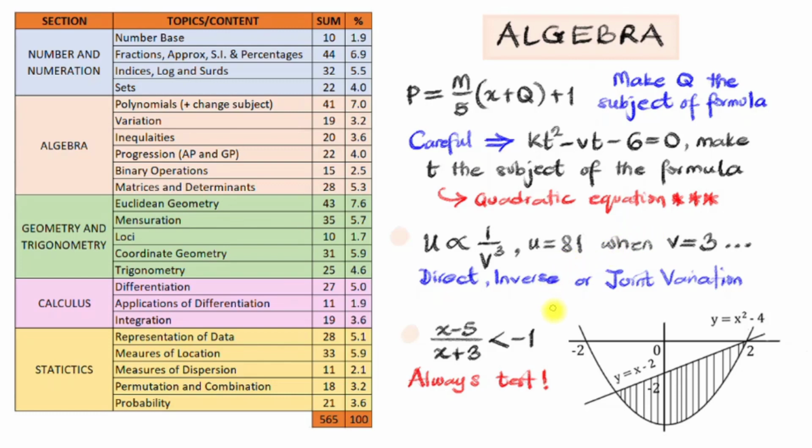Now, there's something with inequalities that I've noticed that students don't normally get, is that whenever you find your answer in inequalities, you need to always test, okay? And that inequalities doesn't necessarily need to be a linear expression. Sometimes you can be given a graph and you'll be asked to find the expression that graph is qualifying.